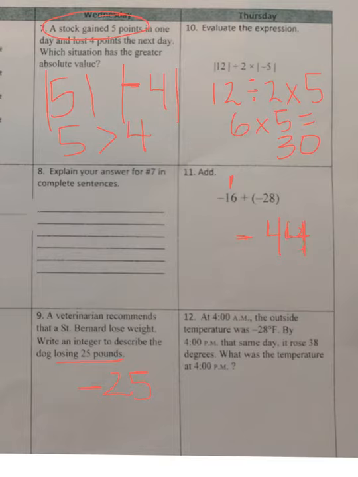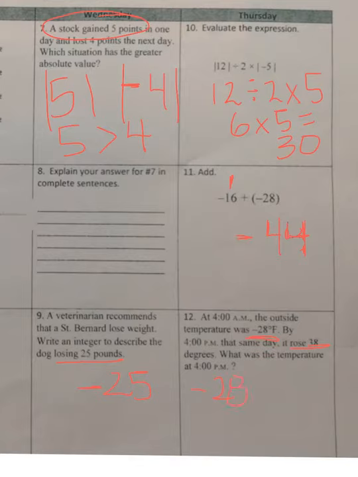Number 12. At 4 a.m., the outside temperature was -28 degrees. By 4 p.m. the same day, it rose 38 degrees. What was the temperature at 4 p.m.? So we are starting at 4 a.m. It's -28 degrees.